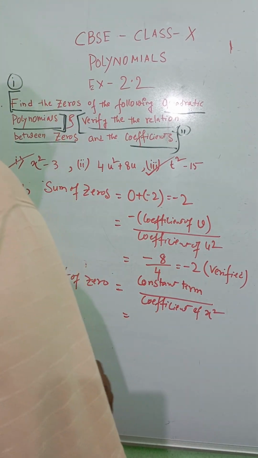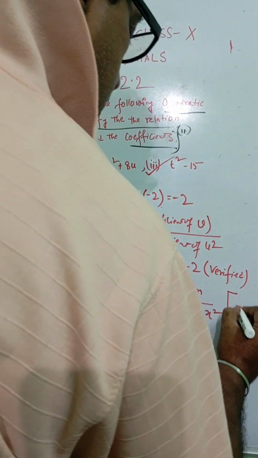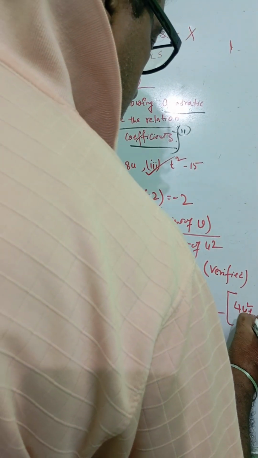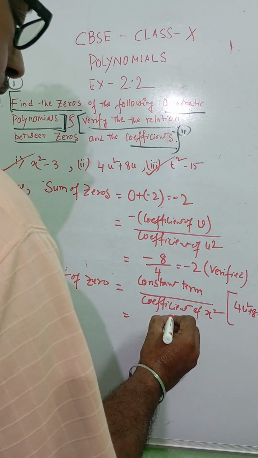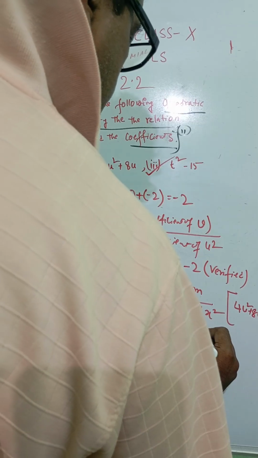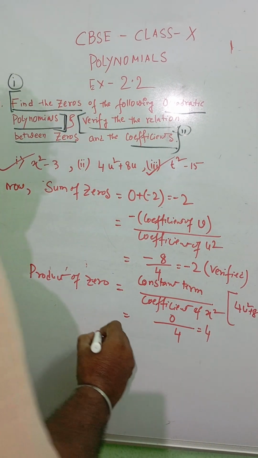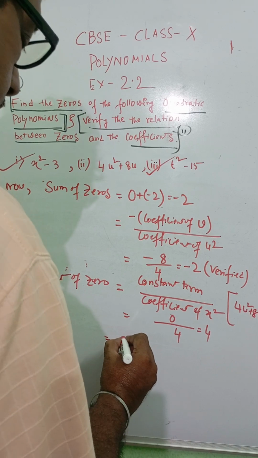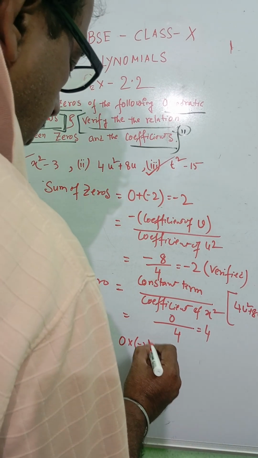What is the constant term? It is 0. Coefficient of x square is 4. Now, product of zeros is equal to 0 into minus 2.